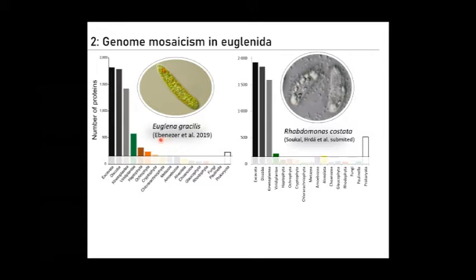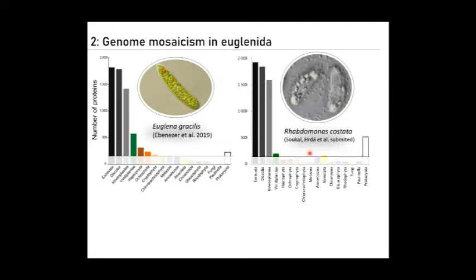And as you can see in Euglena gracilis, those are Viridiplantae, which is easily explainable by the origin of the green plastid. So these genes probably arrived to the nucleus of Euglena gracilis by endosymbiotic gene transfer. But what was unexpected, though already mentioned several times in the literature, is that haptophytes and ochrophytes and maybe cryptophytes also contributed to the Euglena gracilis genome significantly.